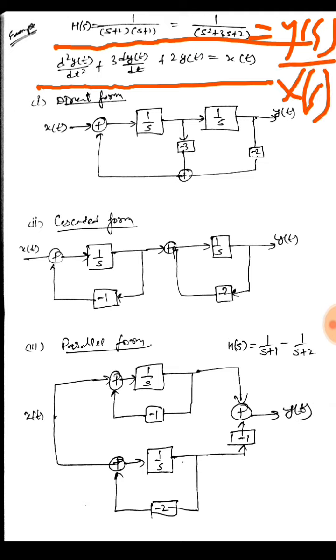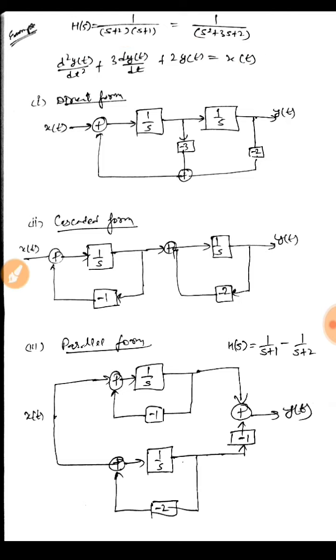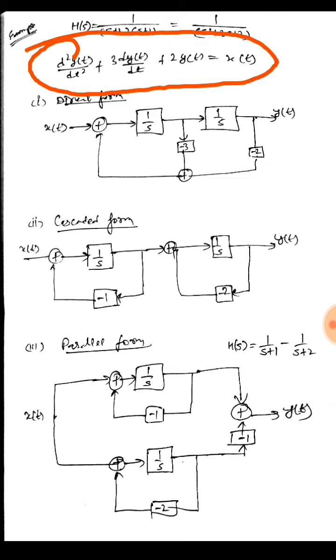If I cross multiply it and then take the inverse Laplace, it would come out to be d square y(t) by dt square plus 3 dy by dt plus 2 y(t) equals x(t). And one more thing: if it is an LTI system, then all the constants in this differential equation, that is 1, 3, 2 and 1, should be time independent.